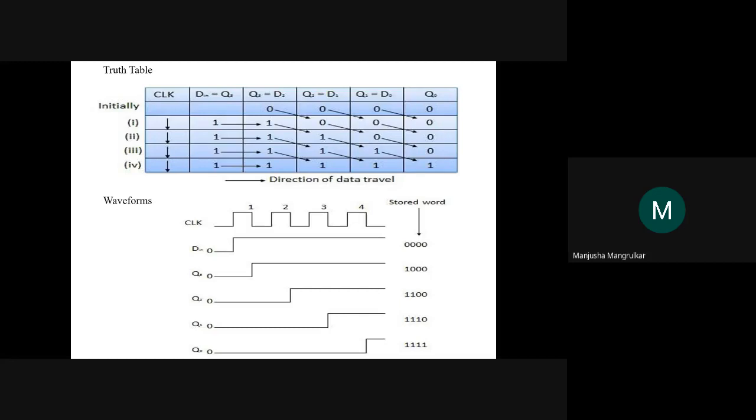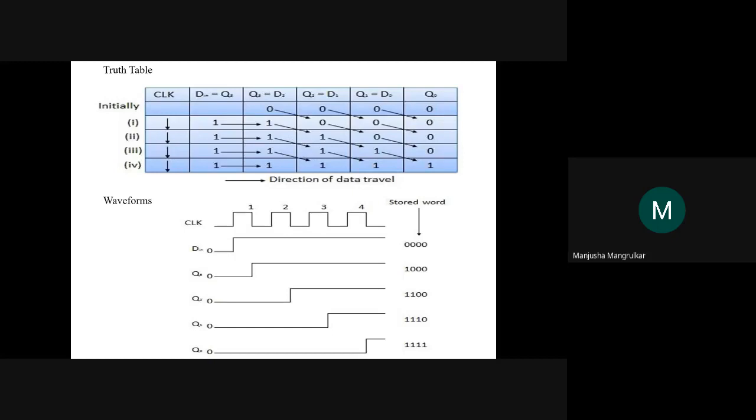So it is shifted: this one is 1, and the others remain 0. Then at the second clock pulse, when D in is 0, Q3 is 0, Q2 is 1, and Q1 and Q0 are 0, 0.